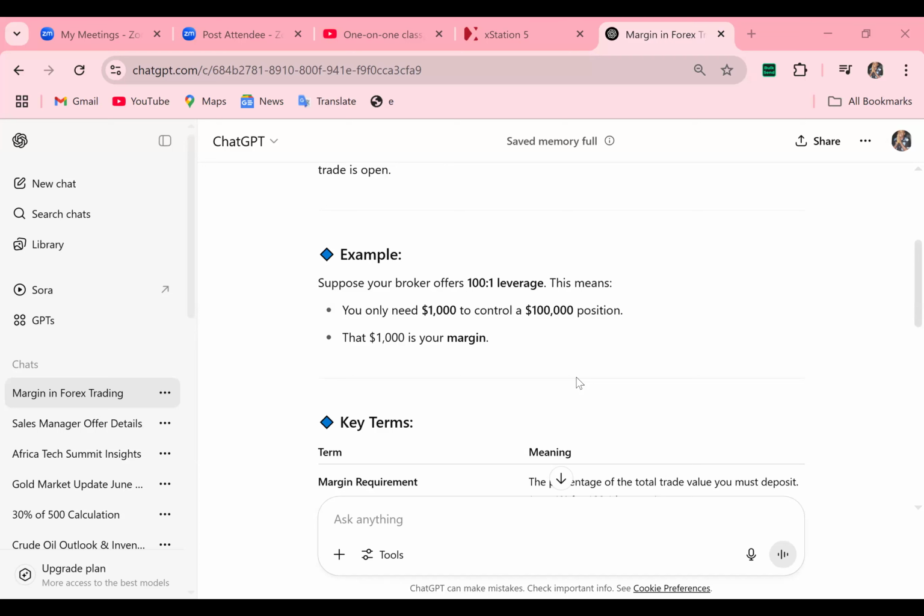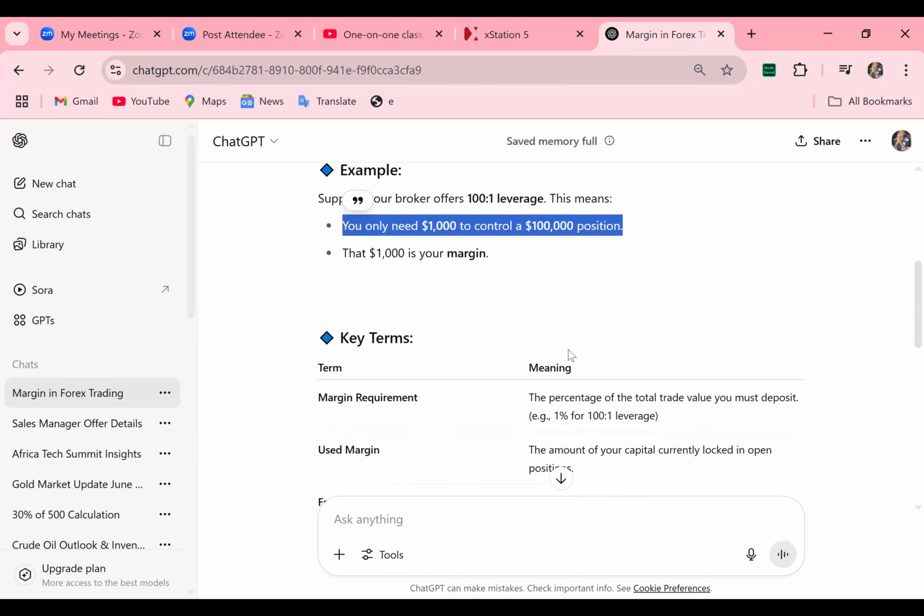Your $1,000 has the capacity to trade a $100,000 account. It's also displayed here: you need $1,000 to control a $100,000 position. The same way, if you're using 1:10, your $1,000 has the capacity of $10,000.